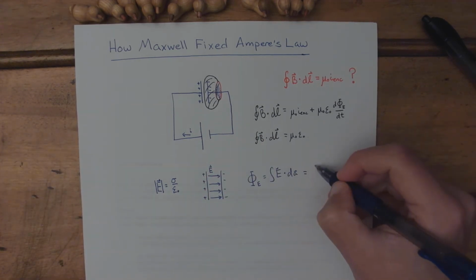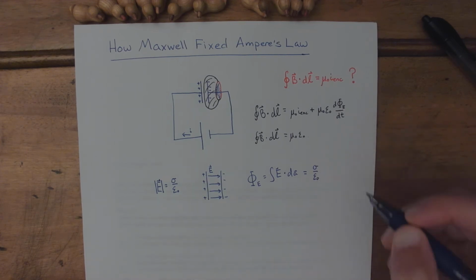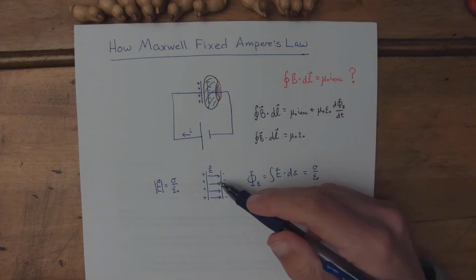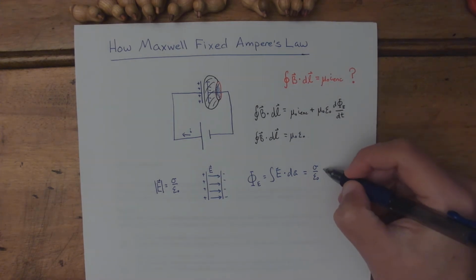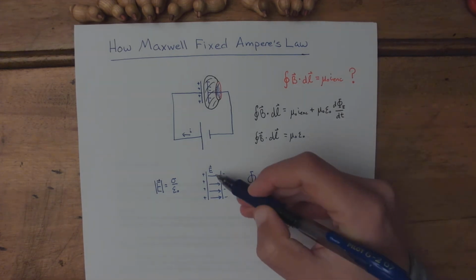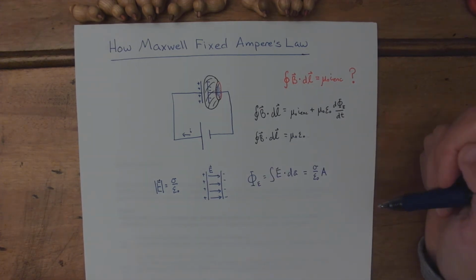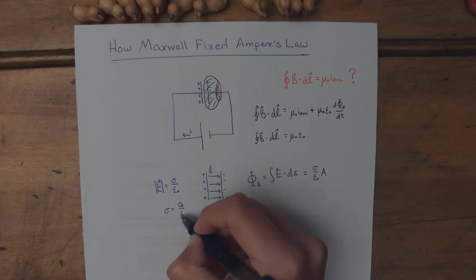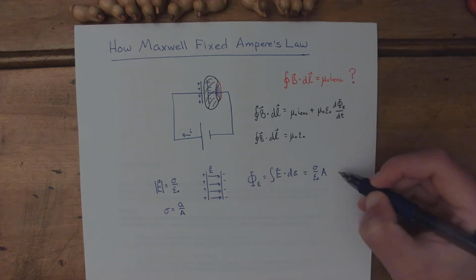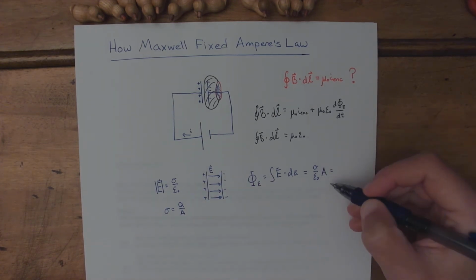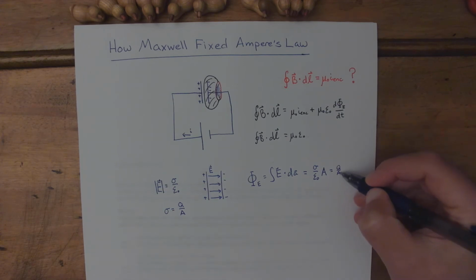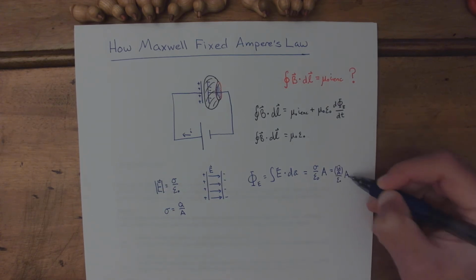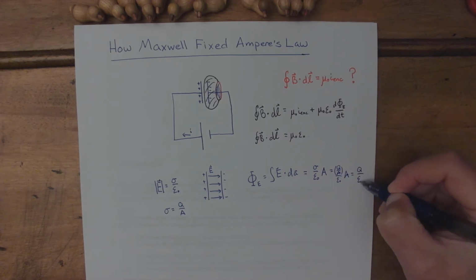So the electric field itself is sigma over epsilon naught, and then the area, that is the same as the area of the plate, and sigma, that is the surface charge density, that's Q divided by A. So I can replace sigma with Q divided by A. That's over epsilon naught, times A from the flux here, but then this A and this A cancel out, and I have Q divided by epsilon naught.